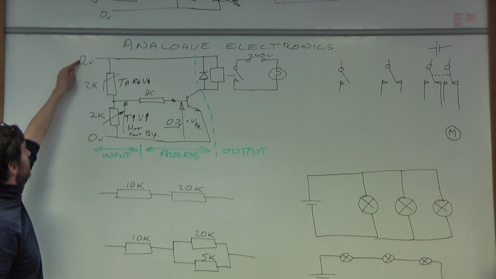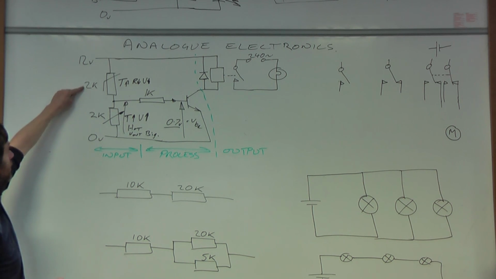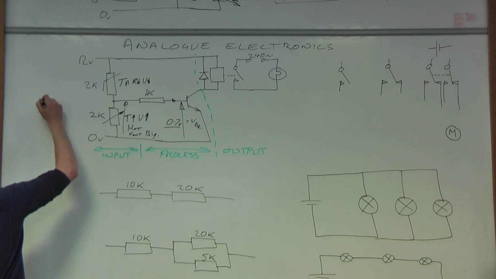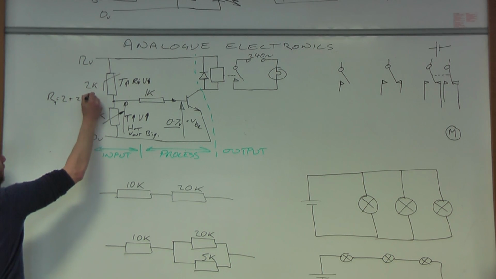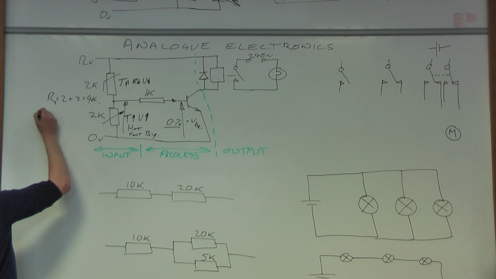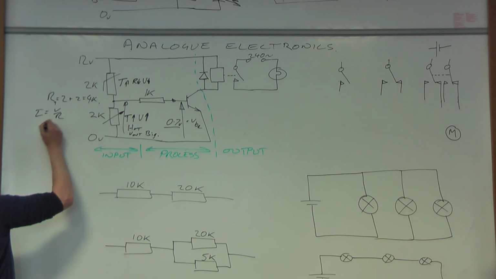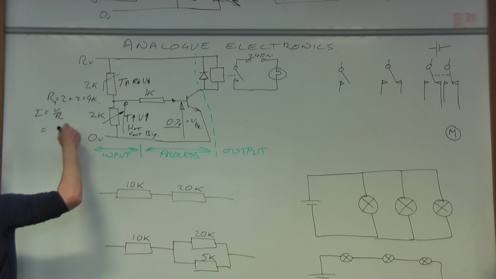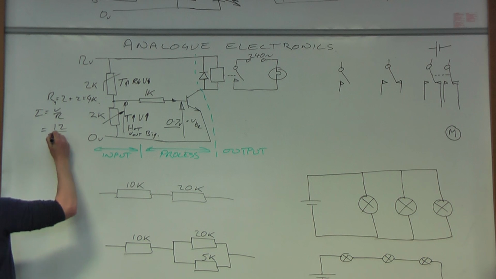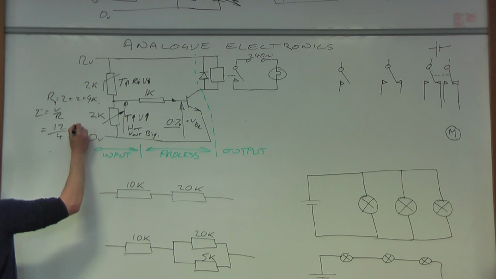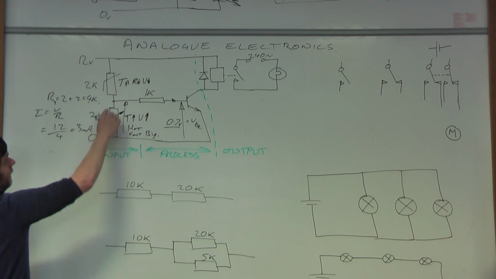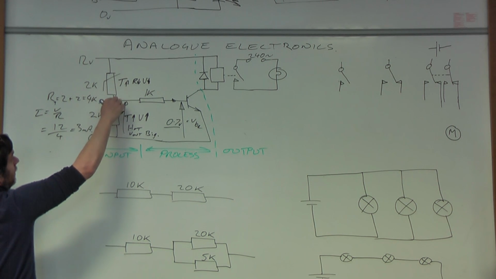The total resistance between the 12 and the 0, in this case, is 2 plus 2, so R equals 4K. I equals V over R, so it equals 12 divided by the total resistance, which is 4, so that's 3 milliamps. So now I've got 3 milliamps at the top.